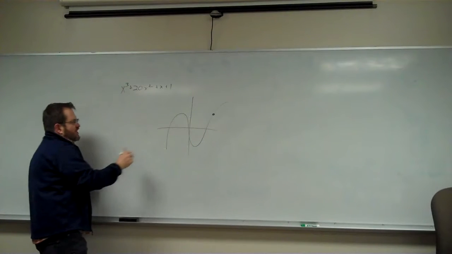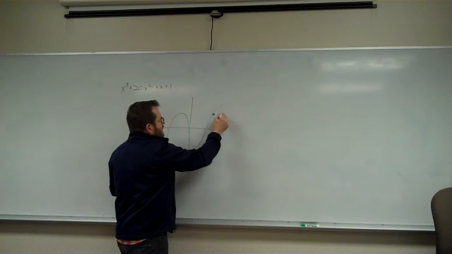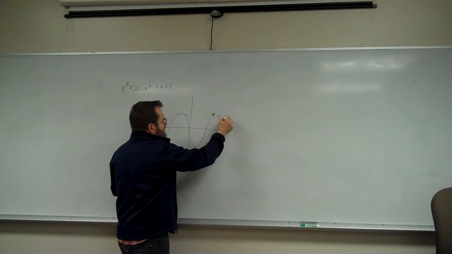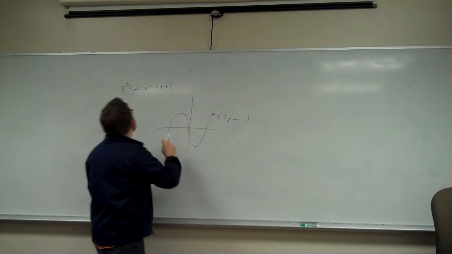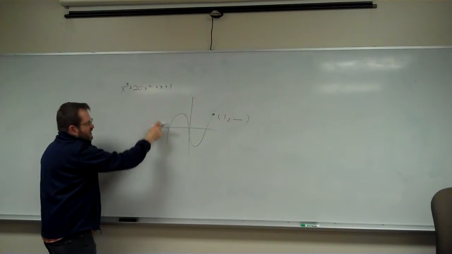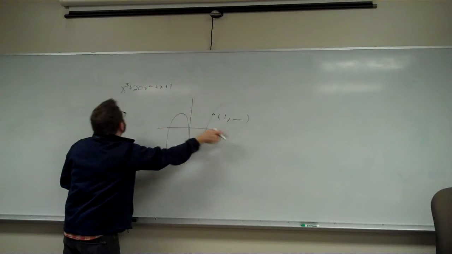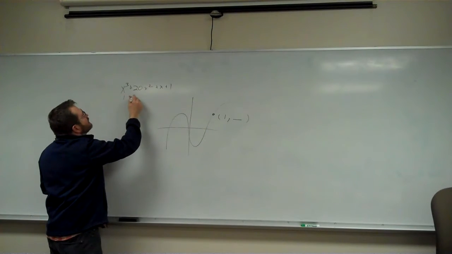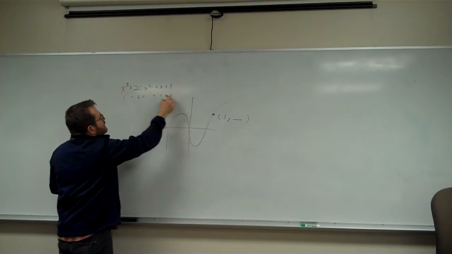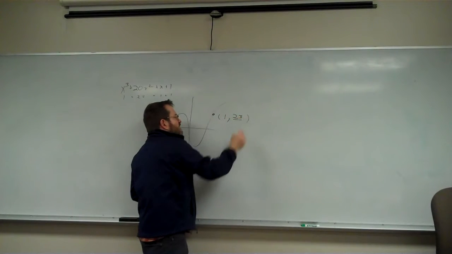If that was your equation, and this point right here is 1 comma something or other, what would that something or other be? If it's on that graph there, x equals 1, what is y? This is 1 plus 20 plus 1 plus 1, so apparently this is at 1 comma 23.